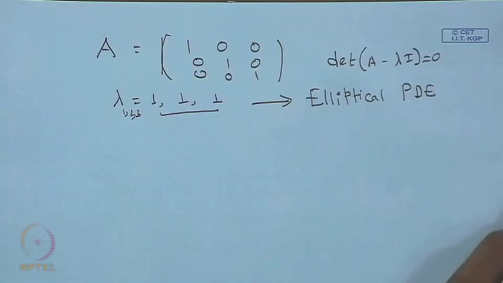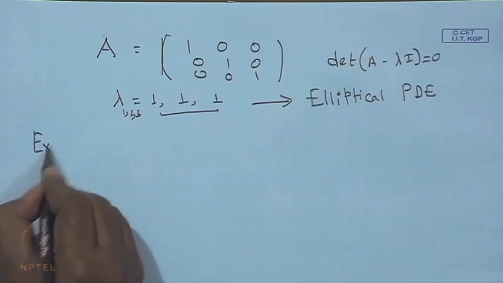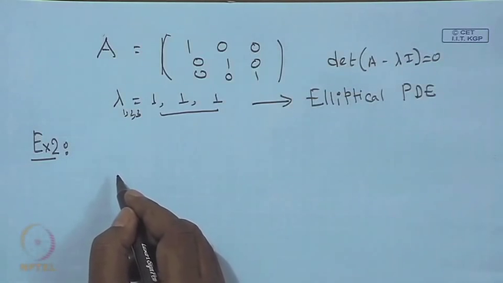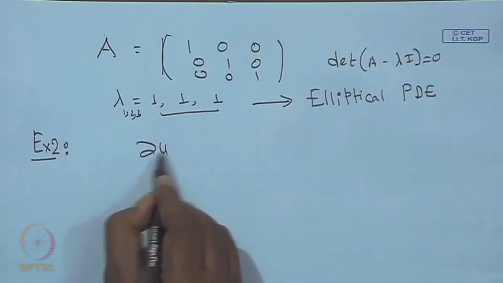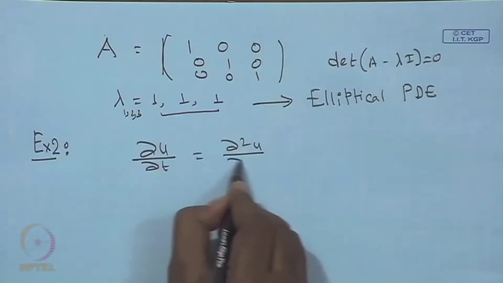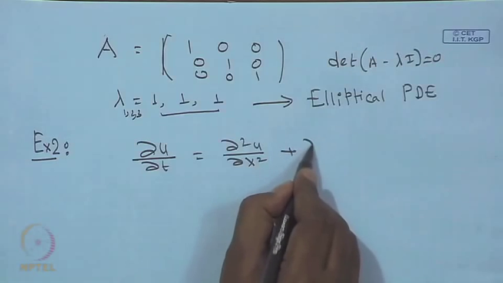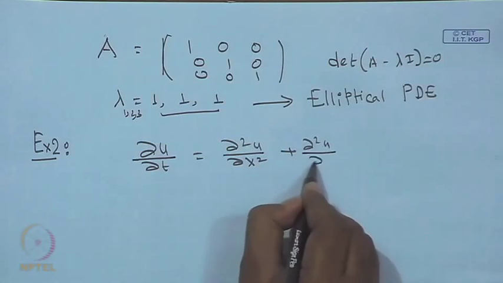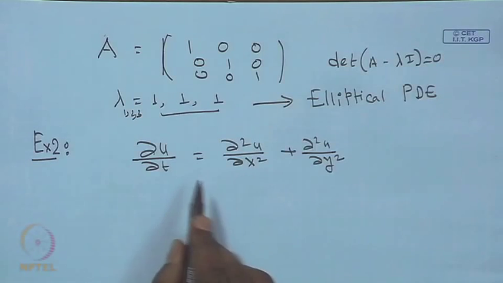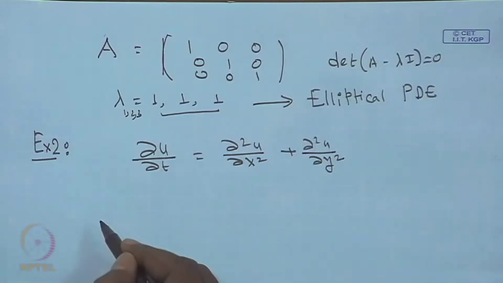Next example we take up and demonstrate how we get a parabolic partial differential equation. Del u del t is equal to del square u del x square plus del square u del y square. We open up the equation as we have done earlier.